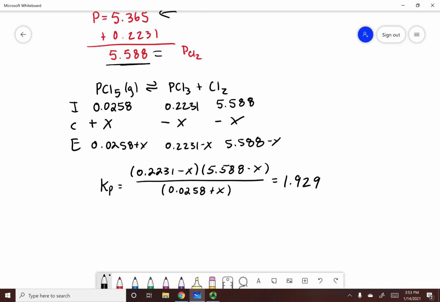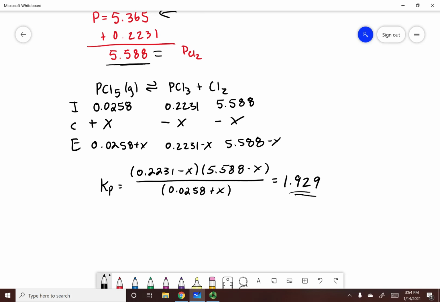And remember, Kp stands for equilibrium constant. So this value right here is constant. It does not matter where you start from in your equilibrium positions. I can start with all reactants, all products, some of each. As long as the temperature is the same, that value is going to be the same.